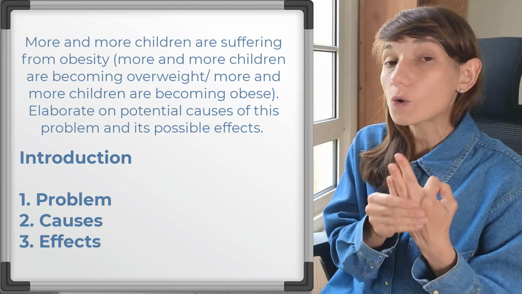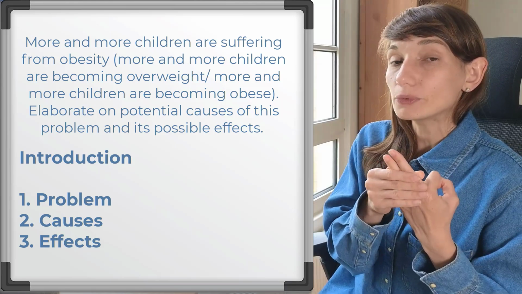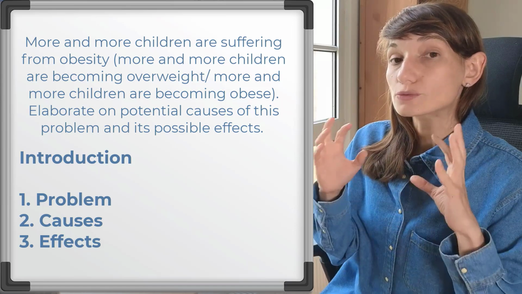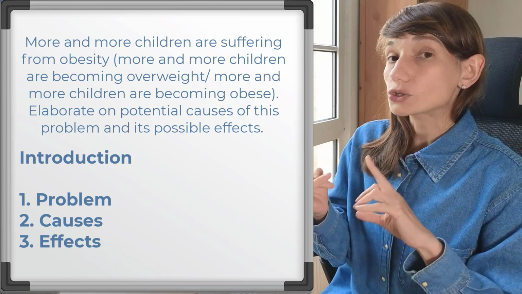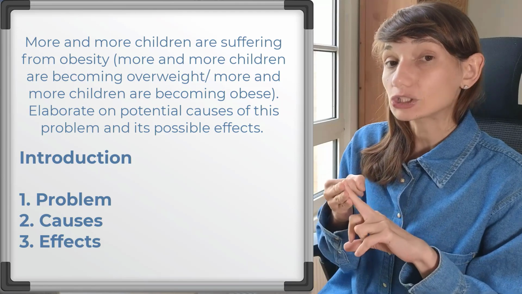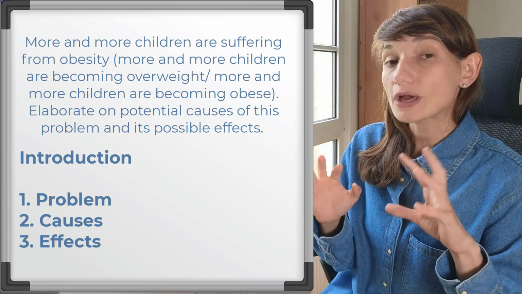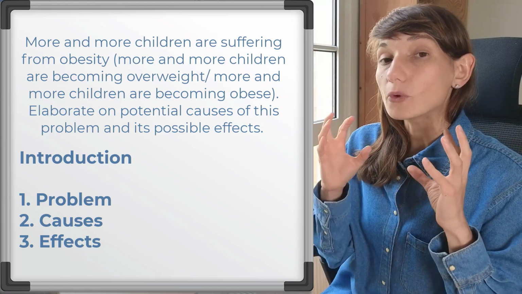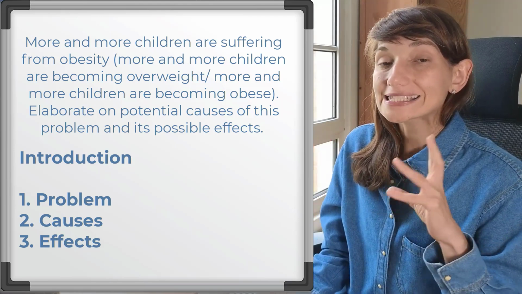So don't forget, all these 3 ideas can be 2 sentences. You can put them in 3 sentences, in 4 sentences, as you wish, but the ideas should be here. You need to mention the problem, you need to mention the causes, and you need to mention the effects. You can state them specifically, or you can mention them in a more generalized way, but the ideas have to be there.